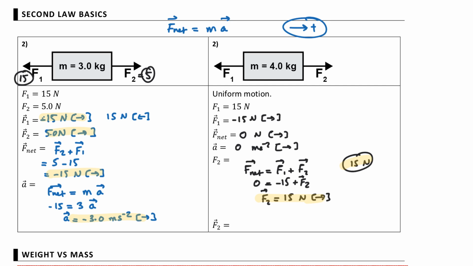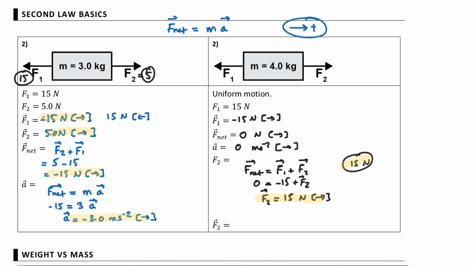And that's how we use the second law of motion. So basically, we look at the diagram, we see what information we have. If it's uniform motion, our acceleration and net force are 0, which simplifies our question a lot. If they're unbalanced, then we have to find net force. If we have both of the forces, we'll just use those to find the net force, and then to find the acceleration, we use the equation.